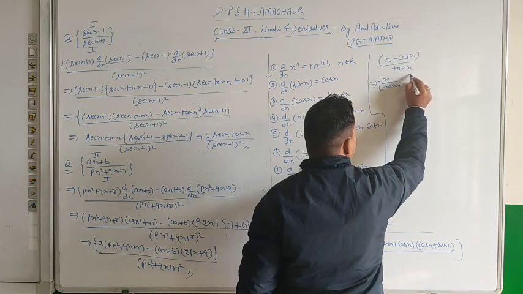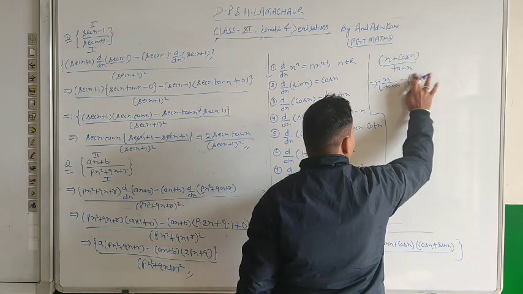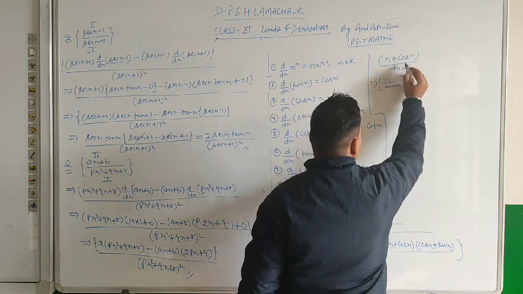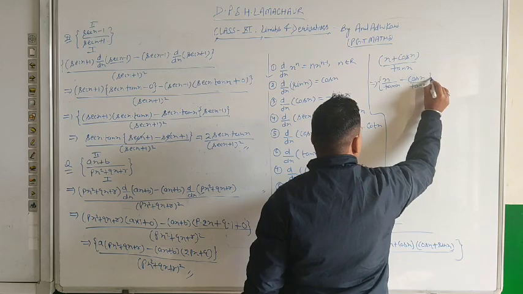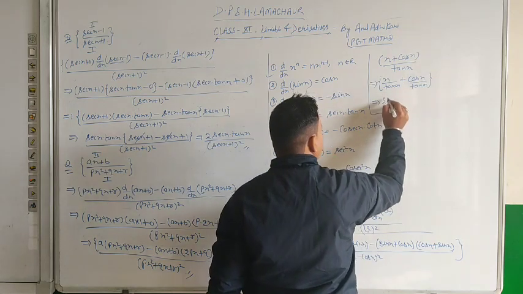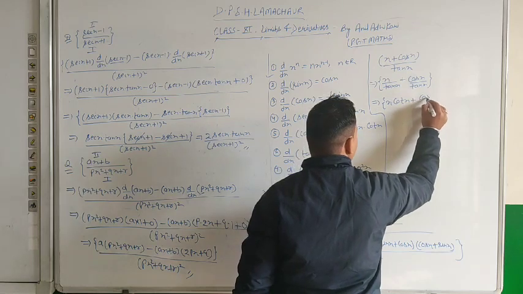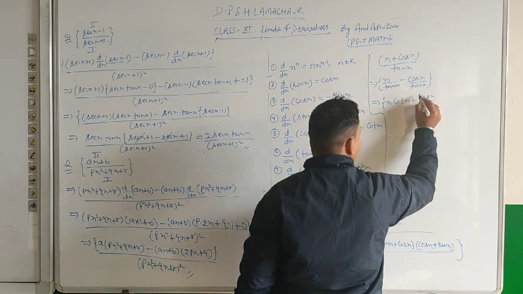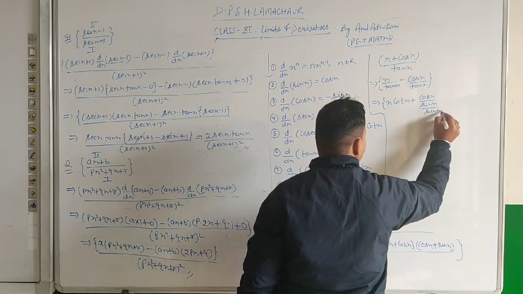plus, write it like cos x, do not change it, cos x upon tan x. So the first term will be x into cot x, and here we can say cos x upon tan x can be expressed as sin x upon cos x.